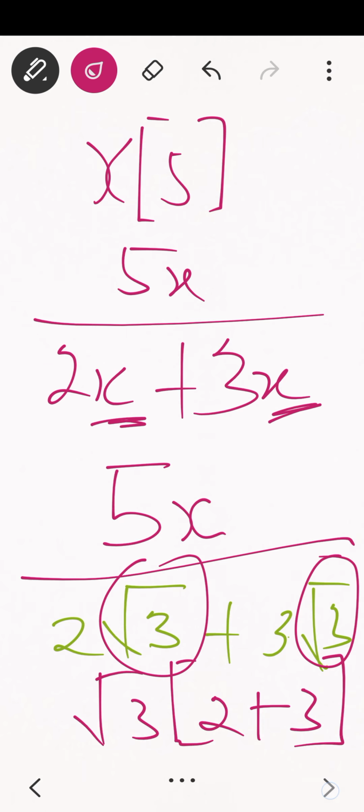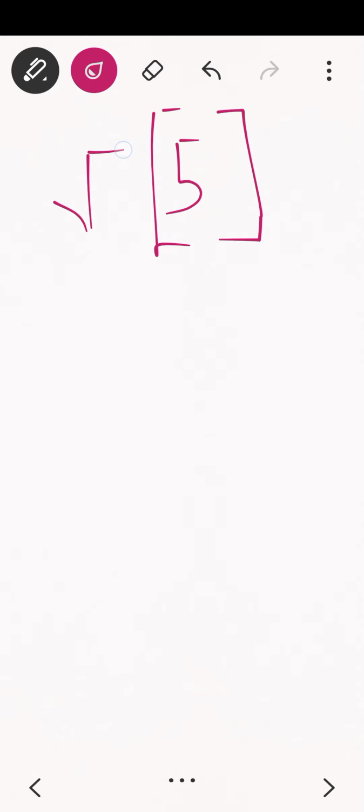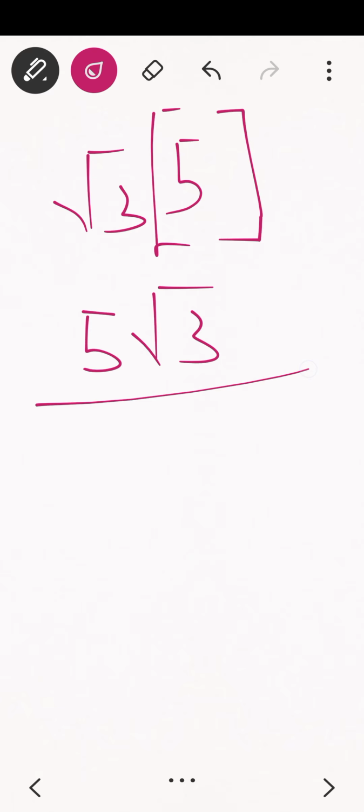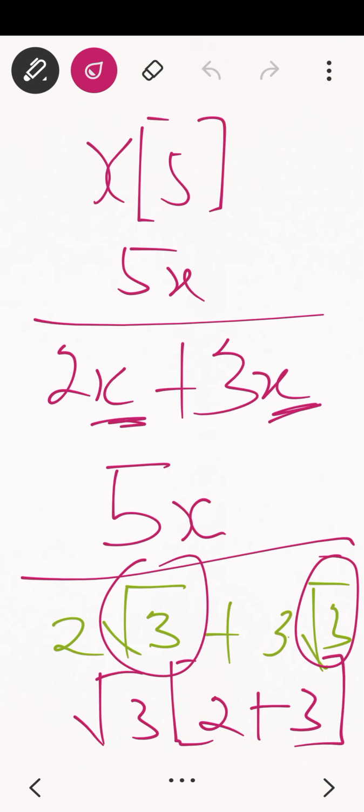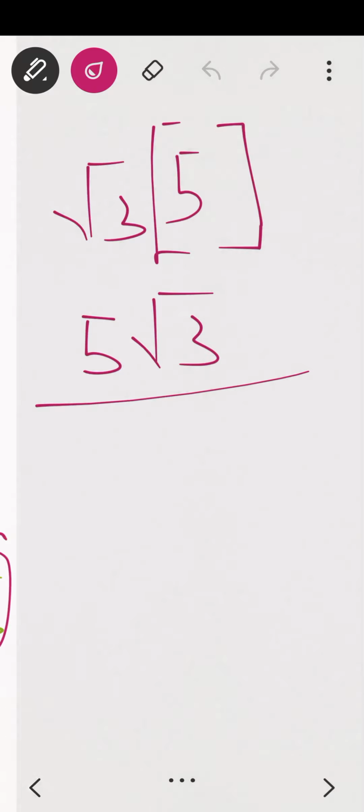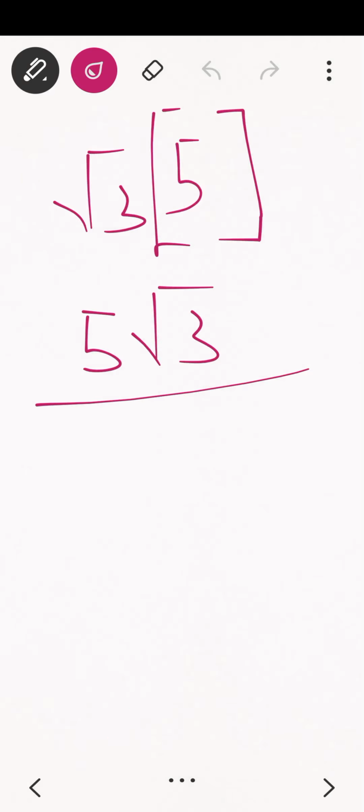You know we are doing factorization, so you have 2 plus 3 giving us 5, then we also have our root 3 outside here. Now note that since 5 is going to be the coefficient, we can decide to bring it to the front to make it more appealing. So the sum of 2 root 3 and 3 root 3 should give us 5 root 3.